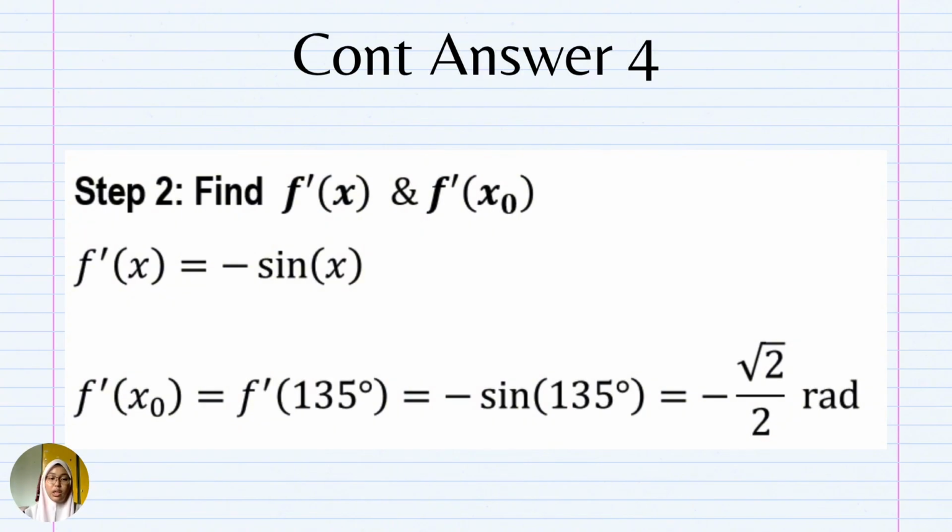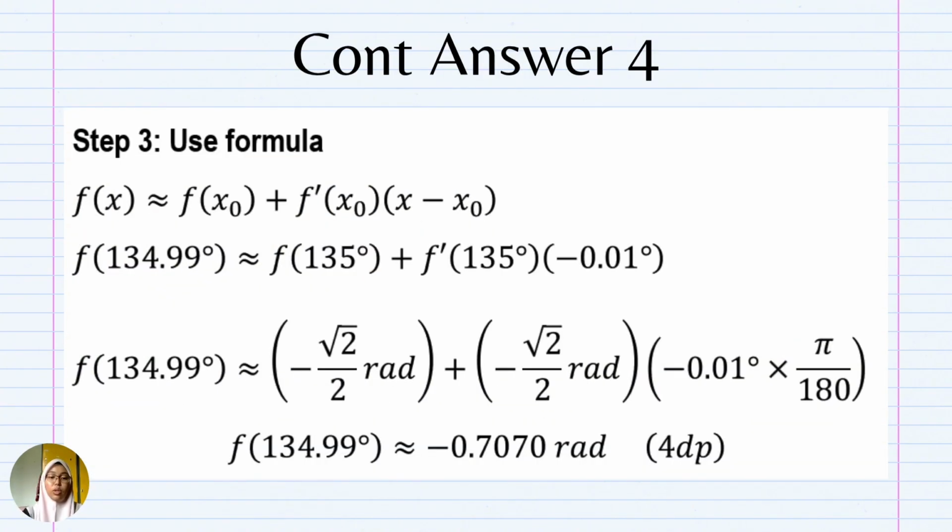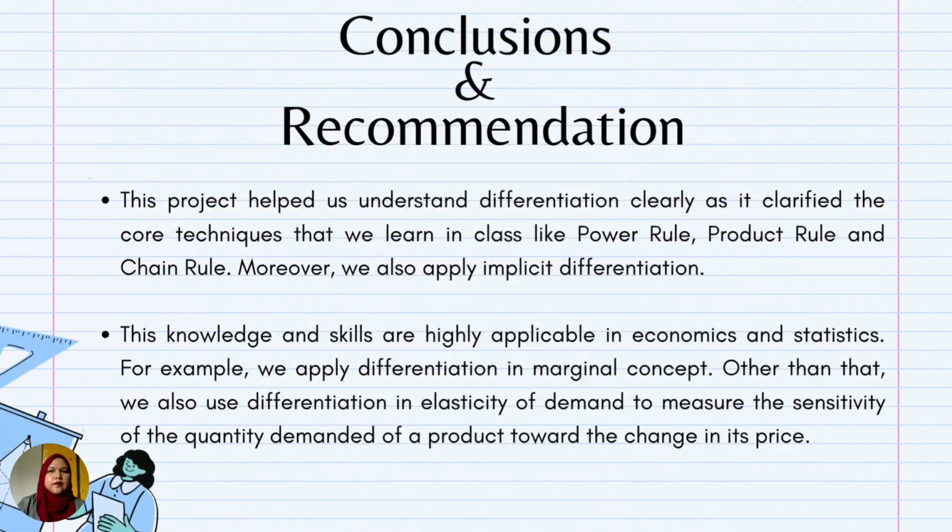And last but not least, we will use the linear approximation formula to get our final answer. We have to substitute all of our values inside this formula. Our final answer is in radians and must be correct to 4 decimal places.